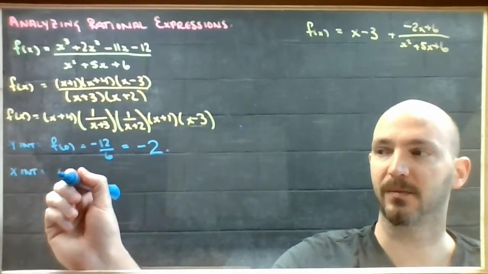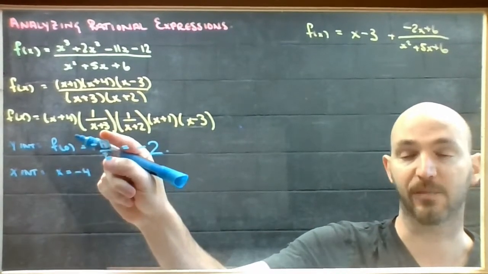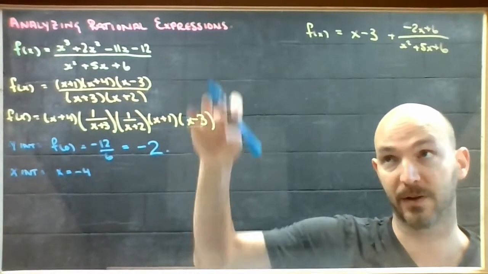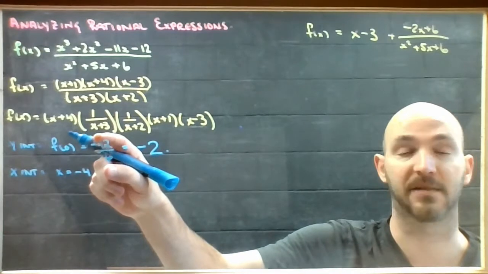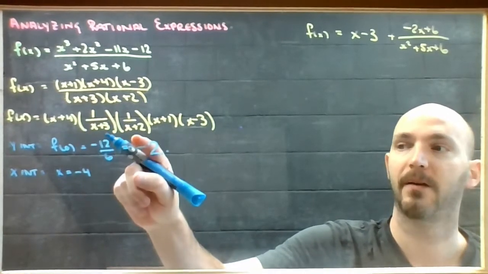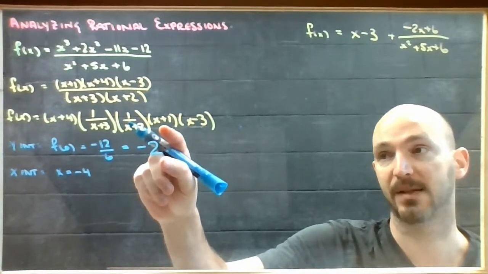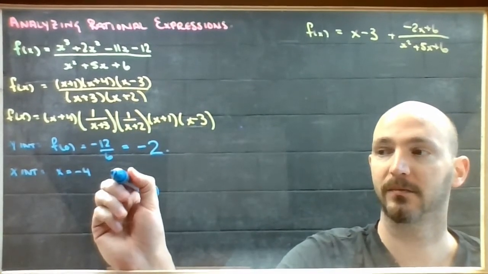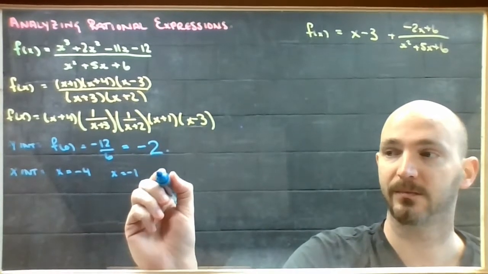So there's one x-intercept. This rational expression hasn't been shifted up or down, so it will never cross the x-axis. There's no x-intercept there. No x-intercept here. This one has one at -1. This has one at 3.